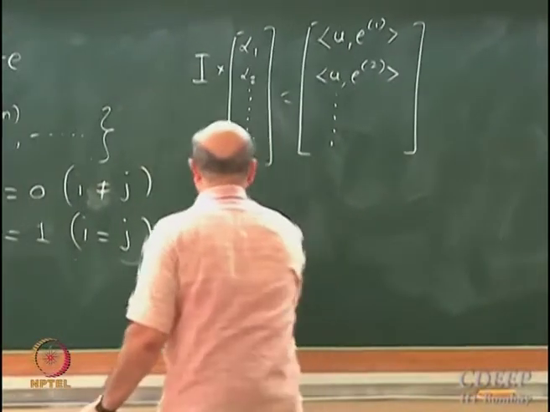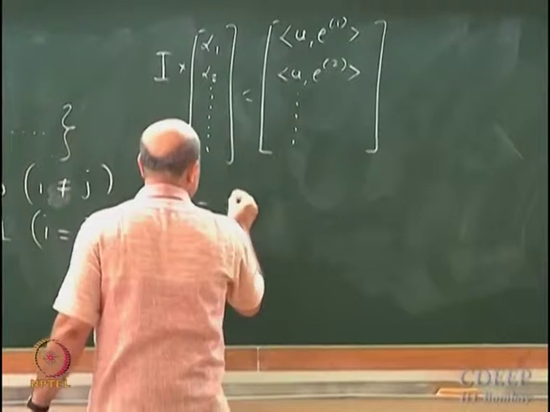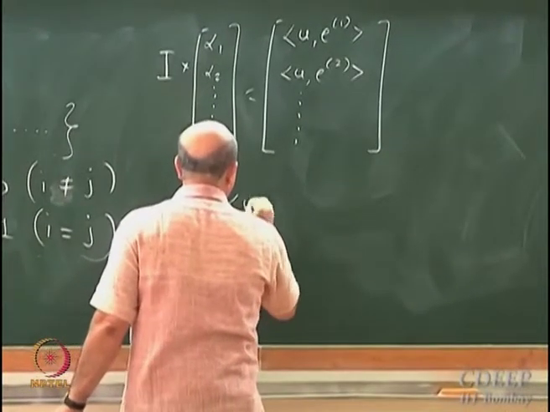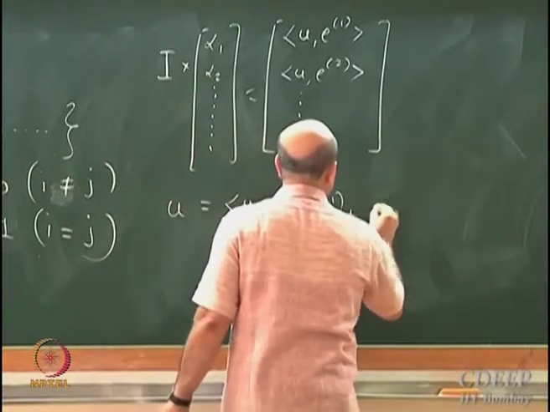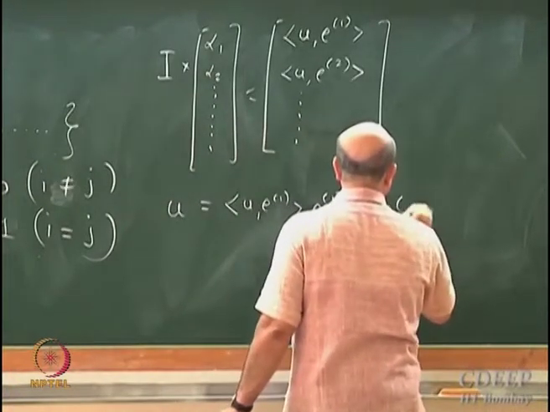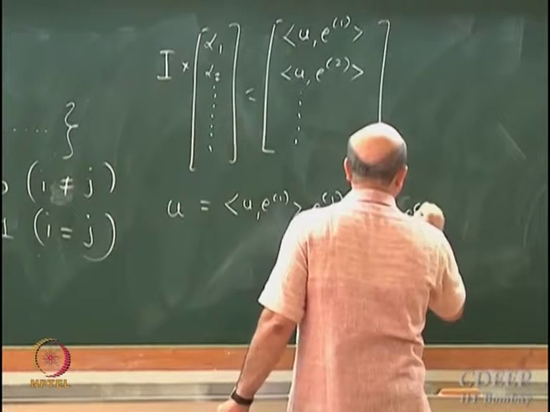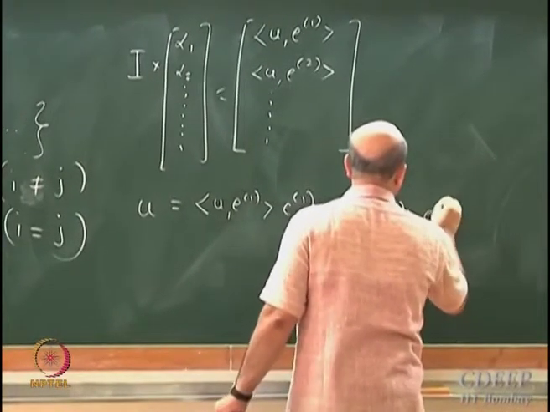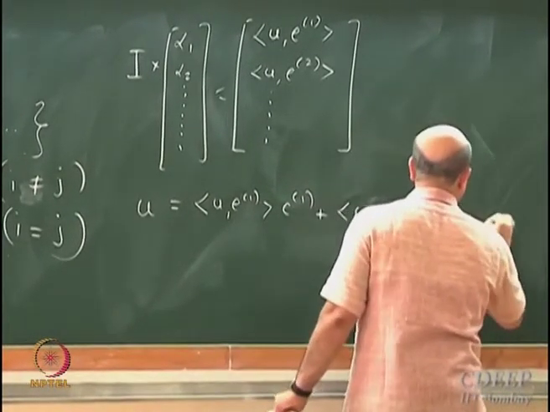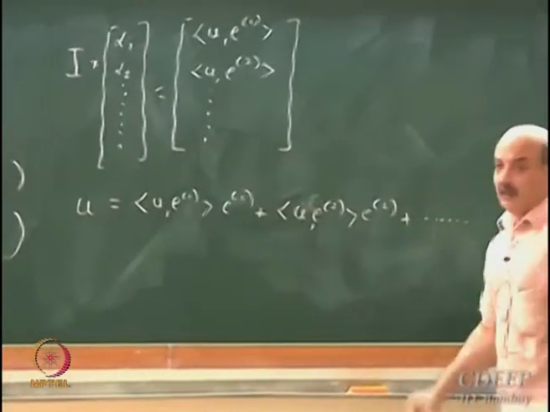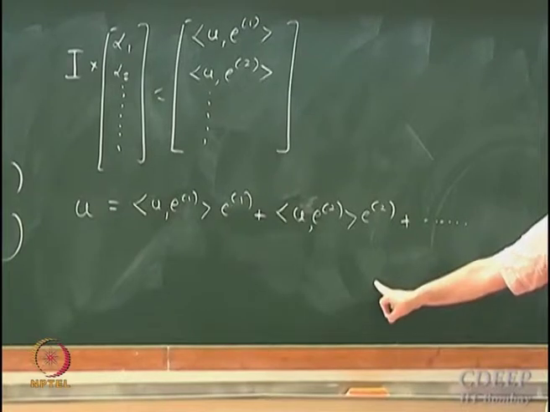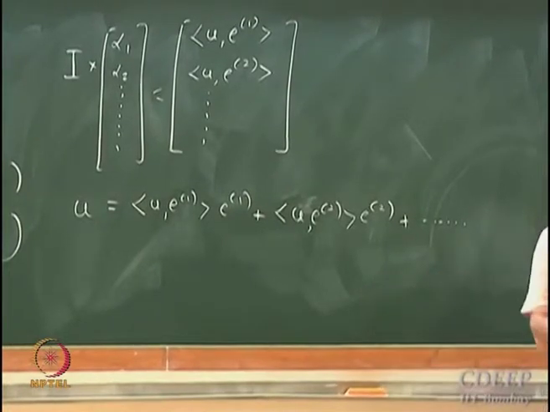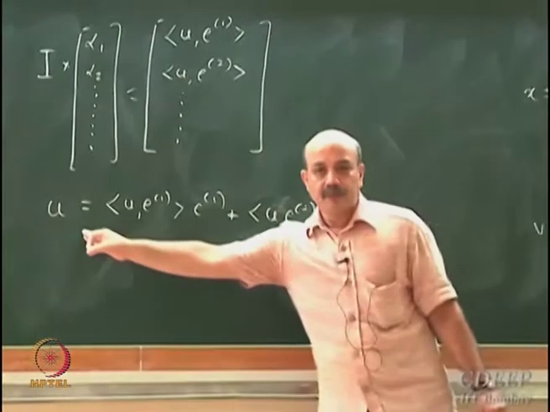I can write the vector u as the inner product of u and e1, plus the inner product of u and e2, plus and so on. Is everyone with me on this? Is this clear? I am just writing this vector u.